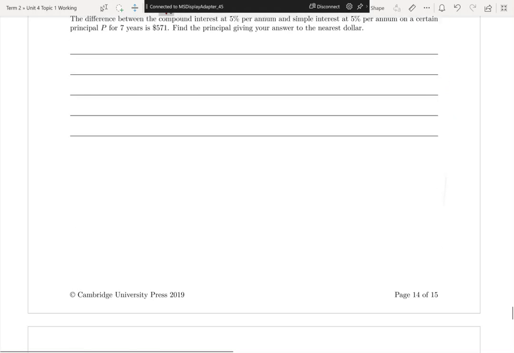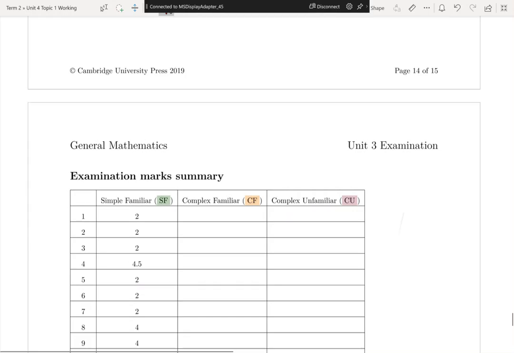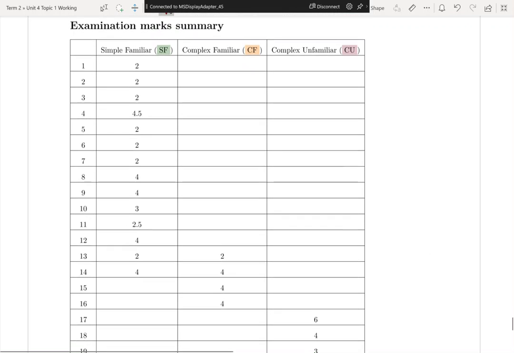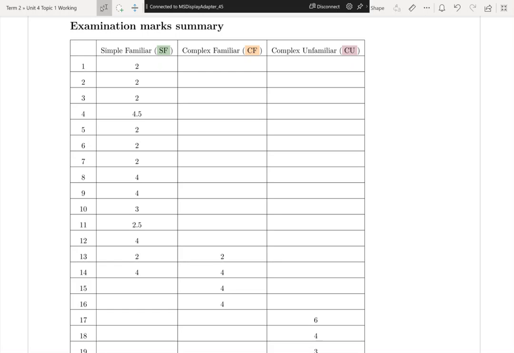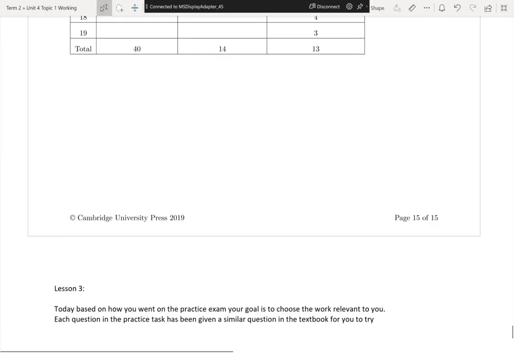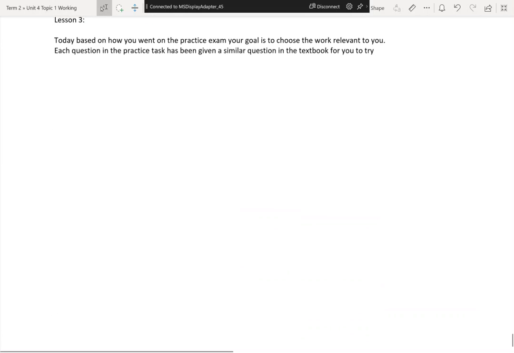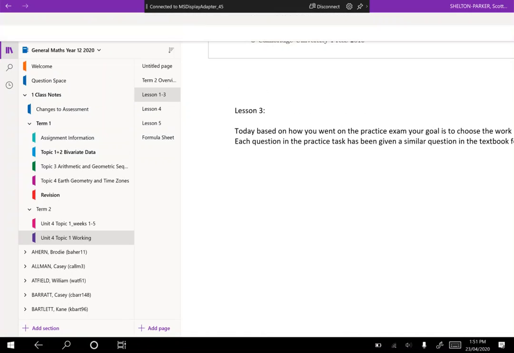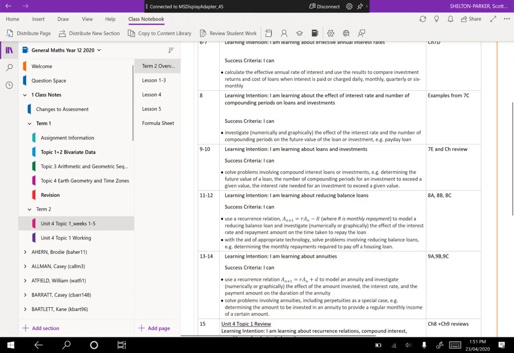I will just show you as well. This is the breakdown of marks. So you can see that all the harder questions are from question 13 onwards, because they're the ones with complex familiar and complex unfamiliar. The other thing I'll just show you is... Did I not? Oh, I must have only put it on the other one. Sorry.